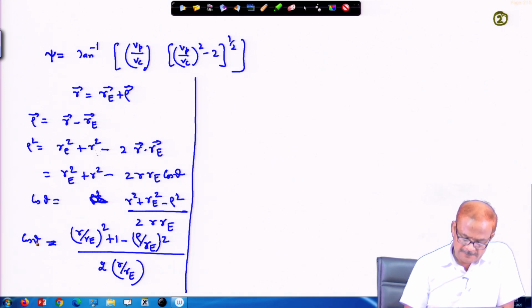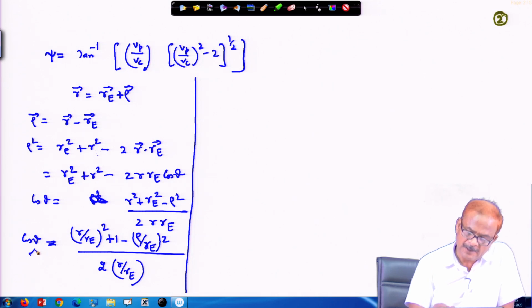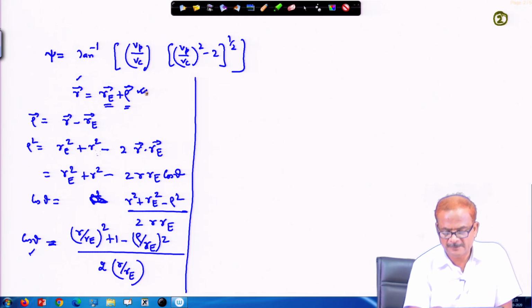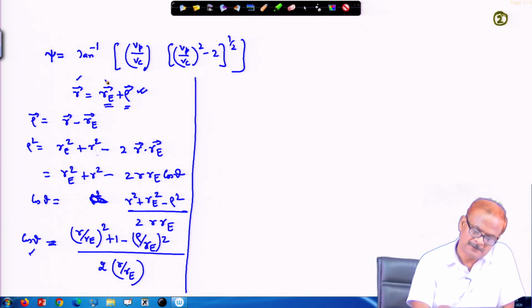And if you look here at this cos theta, we have to determine it also. So, r is known from r e and rho. Rho is known to us because we get this from the estimation orbit determination problem, and the r earth shown here is known from JPL, Jet Propulsion Laboratory.